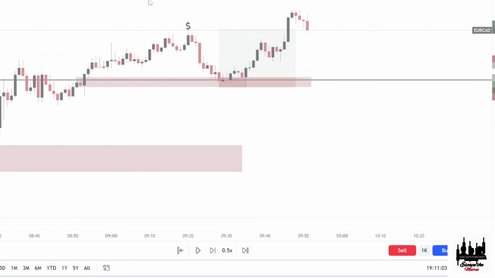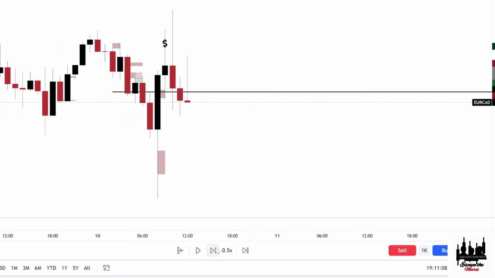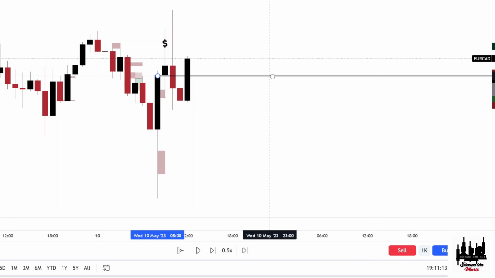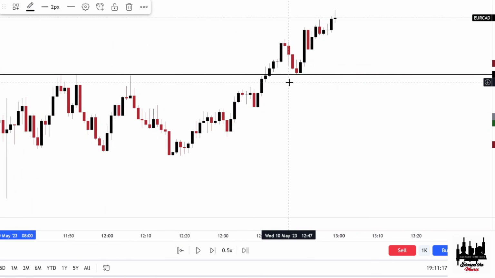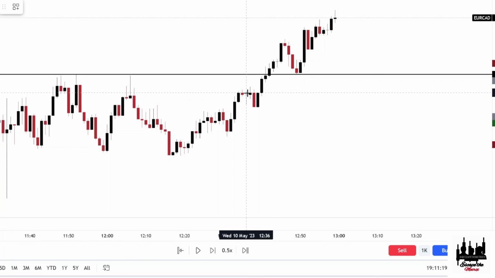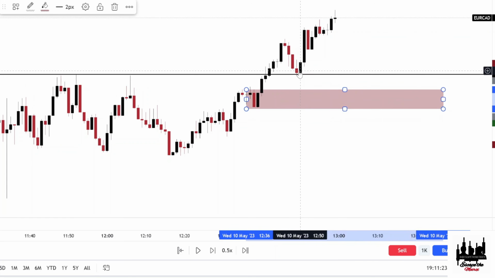Let's look for another setup. Okay, we have an engulf. What is the first OB? It's an OB right here. And again, I'm not using this OB because it's not inside our higher time frame 1 hour OB, right?